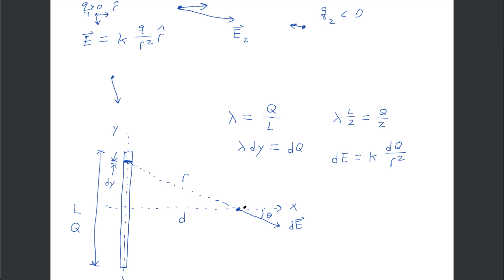So let's just write that. So dE sub x, the x component of it, is simply going to be k, oops, what happened to my equal sign? It's very strange, it looks like a z. Very weird. All right, so there's the equal sign. So dE sub x is equal to k dq over r squared times cosine of theta.